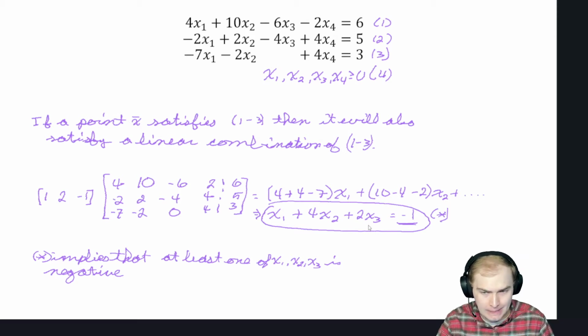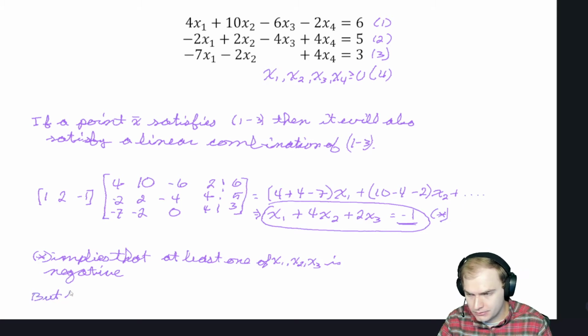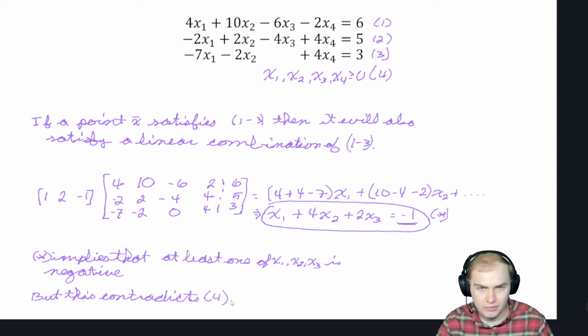We can't add up positives to get a negative, so one of our variables has to be negative. But this contradicts 4, which is our non-negativity constraint.